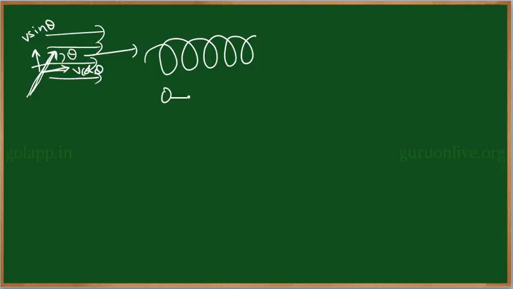The horizontal component of velocity tries to move the electron in the direction of the field, and the vertical component of the velocity tries to make a circular path. So in that case the electron will trace a helical path, because one is pulling in this direction, another is pulling in this direction, so you will get it like this. So this is called a helical path.